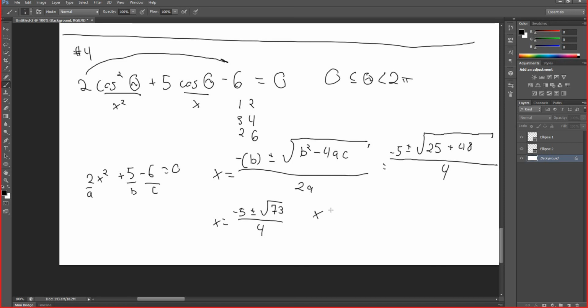You're going to get x is equal to negative 3.386, or x is equal to 0.886. From here, it's just reapplying what x is equal to. So cosine of theta is equal to negative 3.386, or cosine of theta is equal to 0.886.